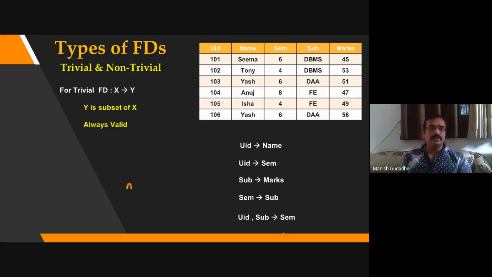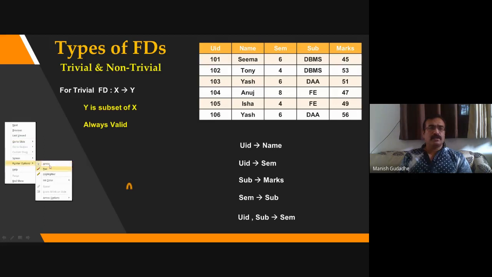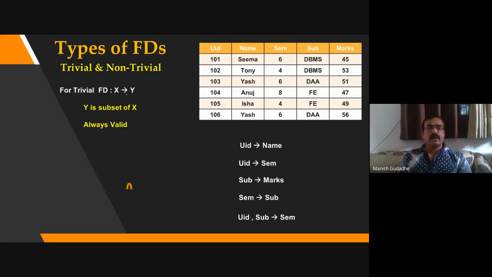So what is a trivial dependency? A trivial dependency is when I say X determines Y, and in this case, Y is a subset of X. What do you mean by that?